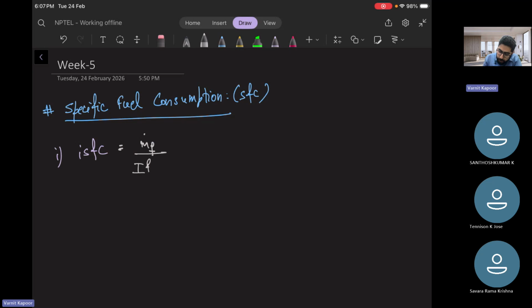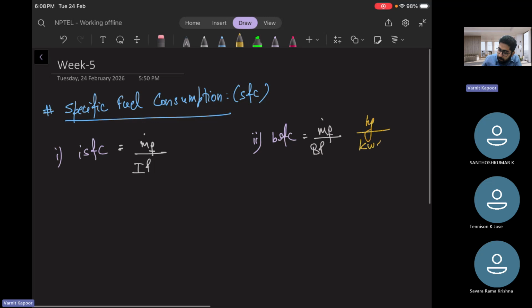And brake specific fuel consumption, BSFC, is mass flow rate of the fuel to that of brake power. The unit is kg per kilowatt hour.